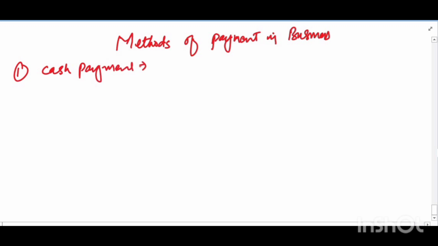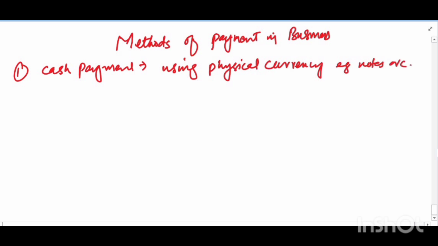Cash payment actually involves using physical currency. By physical currency we mean notes or coins. Clear?